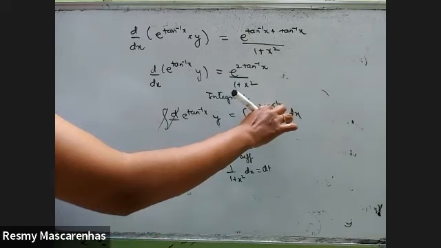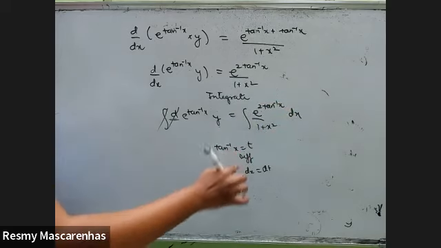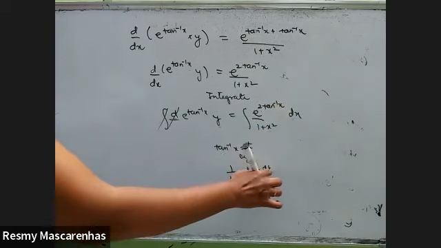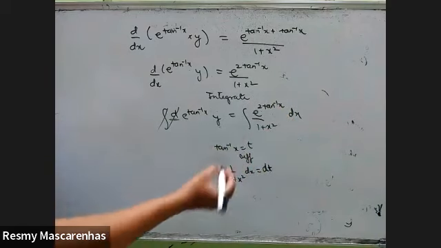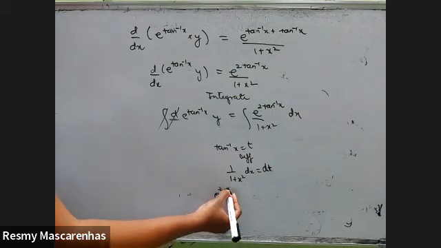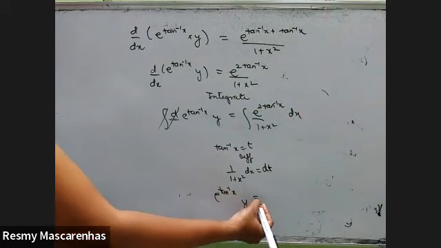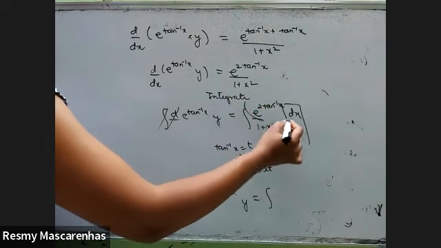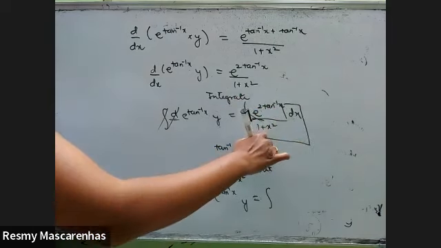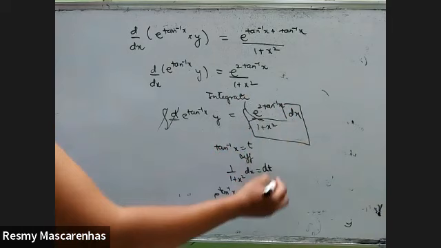Here, this is the function 1 upon 1 plus x square. So dx upon 1 plus x square equals dt. When I write the integral back, this dx upon 1 plus x square is dt.